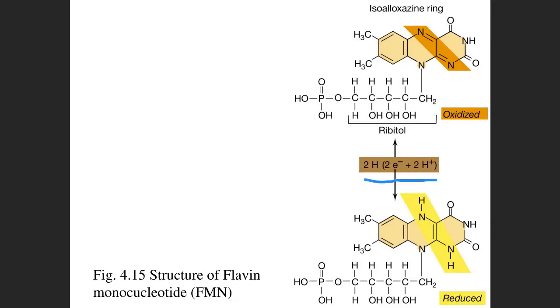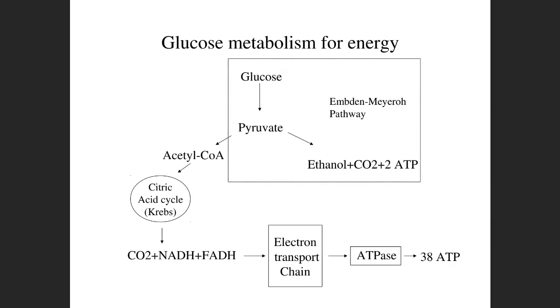Okay, so we just went through the citric acid cycle. So now our focus is on this. You generate CO2, NADH, and FADH. I'll leave you to calculate how many; later on we'll actually calculate. But it is important to know how many.